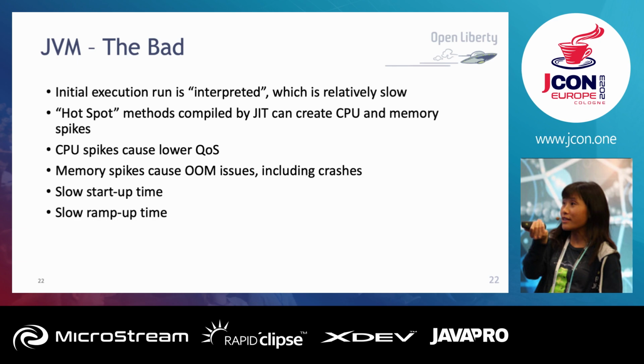Startup means the time taken from the application starting to serving the first request, and ramp-up time is how long it takes to become more performant. So basically, it's the JIT compiler.